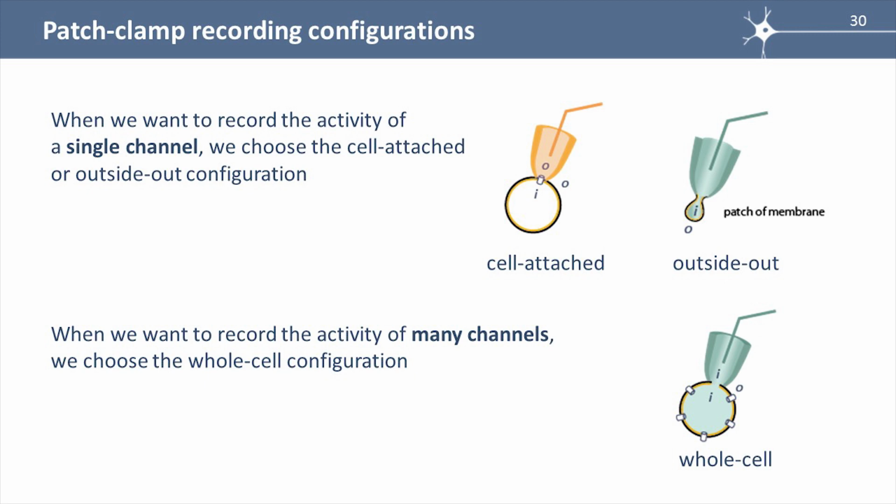This removes the patch of membrane under the pipette. Then the solution inside the pipette gets into the neuron through the hole thus created. The pipette is now electrically connected to the entire neuronal membrane, and the researcher can record the activity of many channels. Overall, throughout the course, we will see these three configurations.